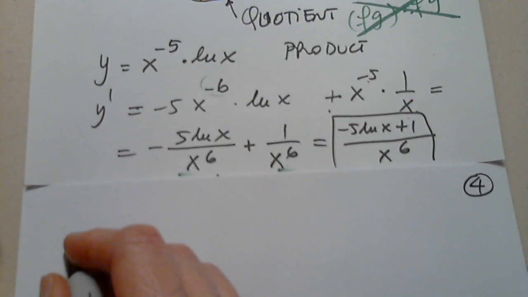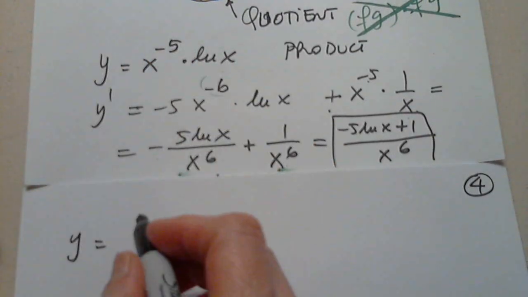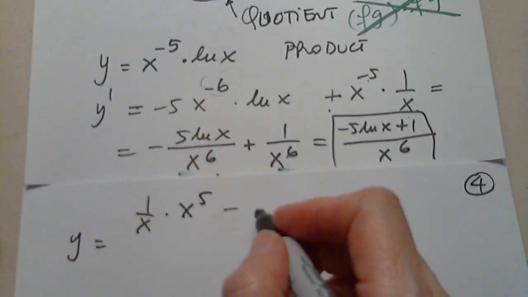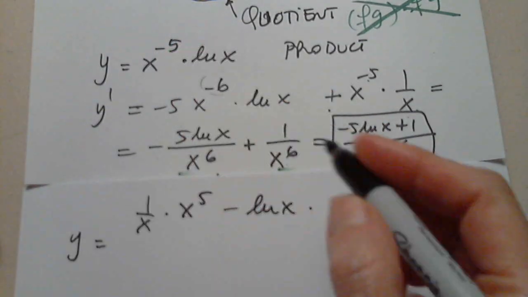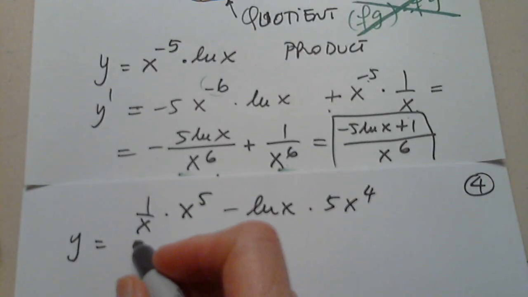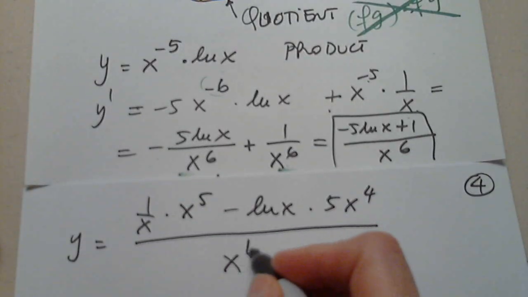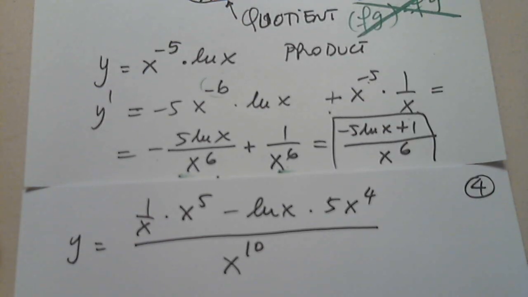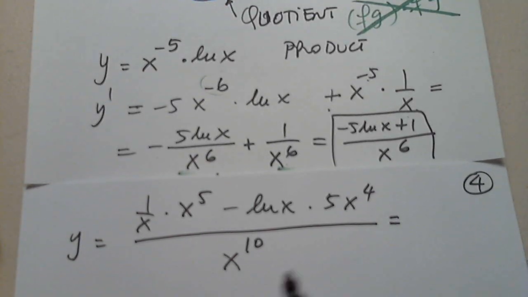If we use the quotient rule, we have the top function prime, 1 over x, times x to the 5th minus the top times the denominator prime, which is 5x to the 4th, over x to the 10th. So this is slightly more difficult because you have to simplify, and so on and so forth. Not much more difficult than the previous one.